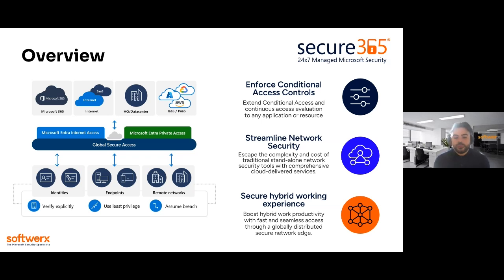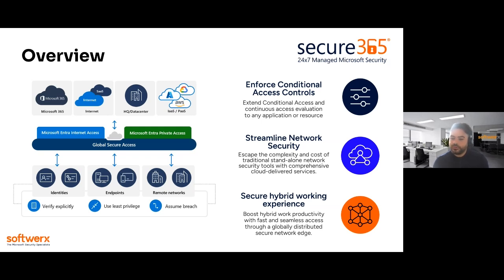The difference with Global Secure Access is that it is what we call identity aware and endpoint aware. A traditional VPN isn't necessarily aware of the user or the device that's connecting to that VPN. It's aware that there's been an authentication, whether it be certificate-based or a username and password, but it's not aware of who that user is and what they've got access to.